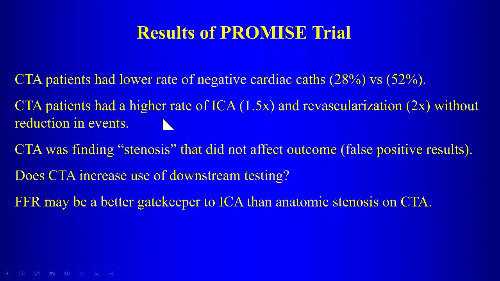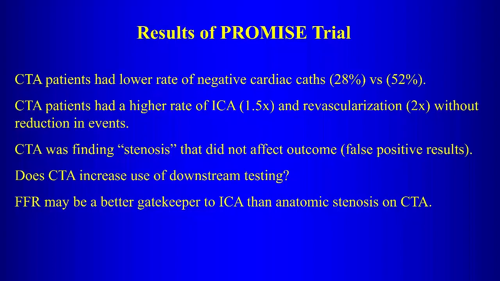The CTA patients, though, did have a higher rate of invasive coronary angiography and revascularization without a reduction in events, which implies that CTA was finding stenoses that did not affect outcome, the false positive problem. So a lesion on CT is overread as being positive, that patient goes to cardiac cath, and then gets procedures done which do not affect the overall event rate.